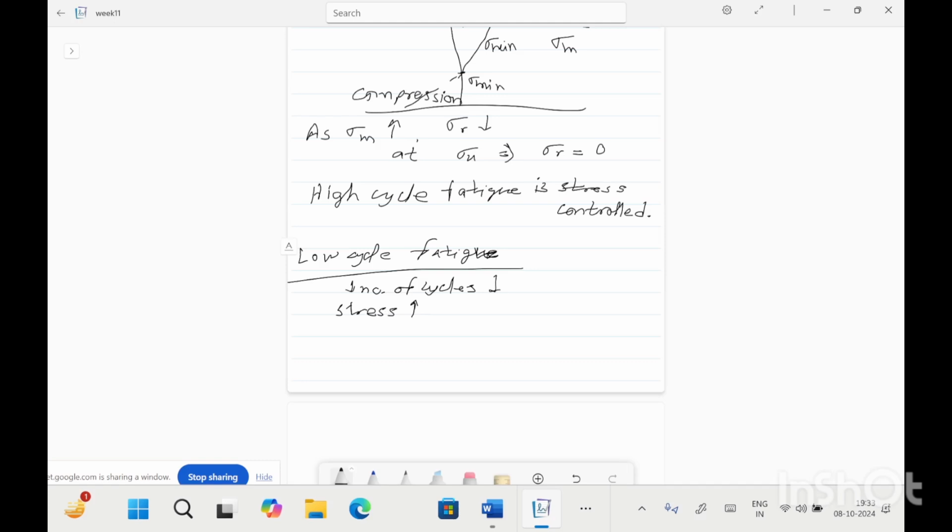This condition can be achieved in thermal conditions where large thermal stresses exist. So thermal stress can lead to high stresses and low cycle fatigue.